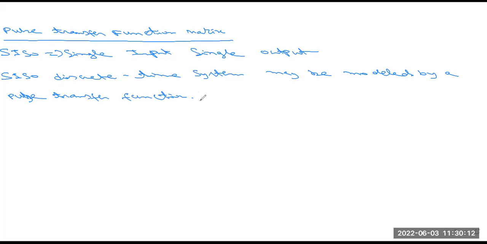You know that k also changes, that is 1, 2, 3, 4. So these are basically different inputs given, that is multiple inputs, and multiple outputs are also given.